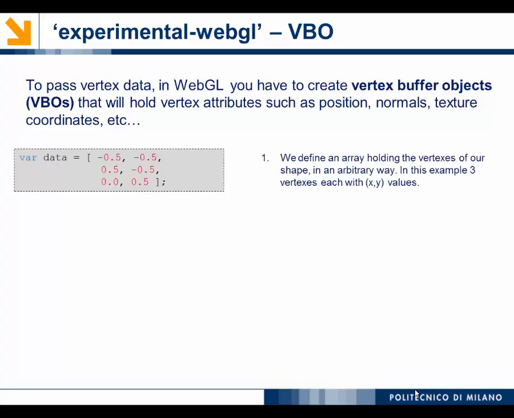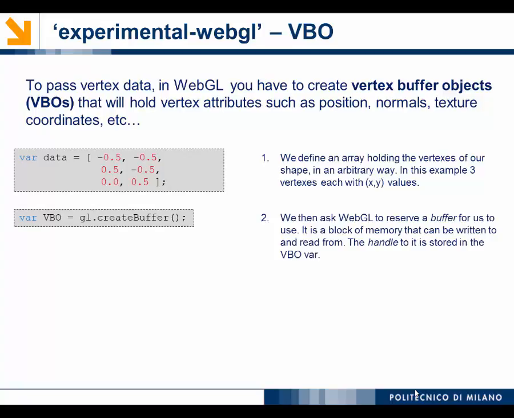This is an example. We define, in this case, an array. We are working only in 2 dimensions, so we just need an x and a y attribute for each vertex. And I defined a triangle by stating x, y of 3 vertices. At this point, I ask WebGL to reserve a portion of memory on the GPU, a block of memory, in which I want to store that information.